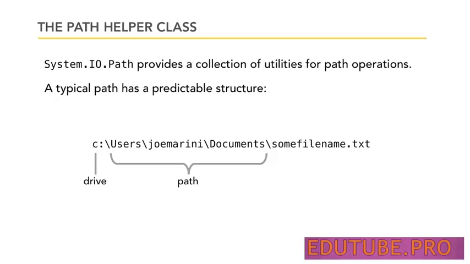That's followed by the path. This is the directory structure that specifies where a file is located. And this is usually a nested set of directories or folders, whatever you want to call them, that leads down to the actual file name itself, which is right here. Some file name, which is usually followed by an extension.